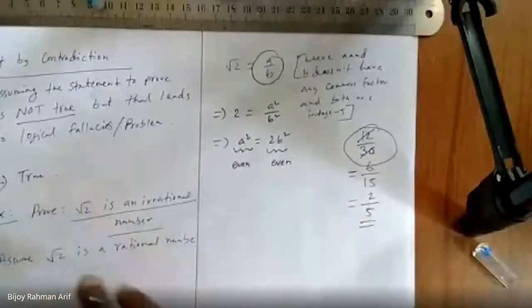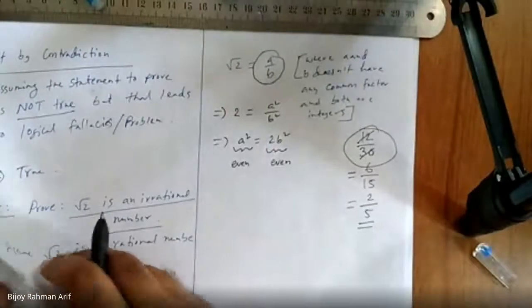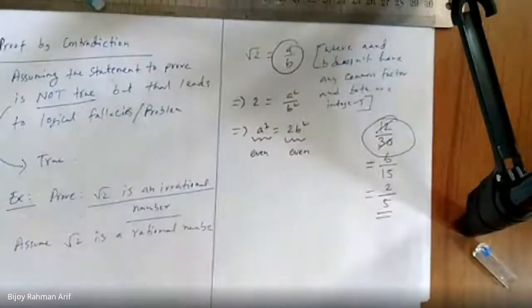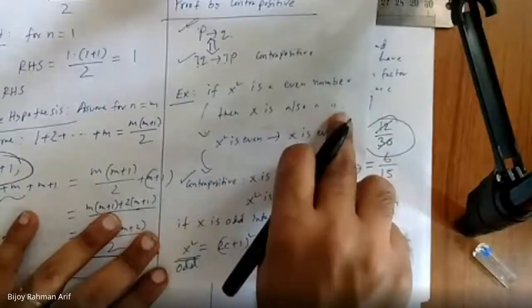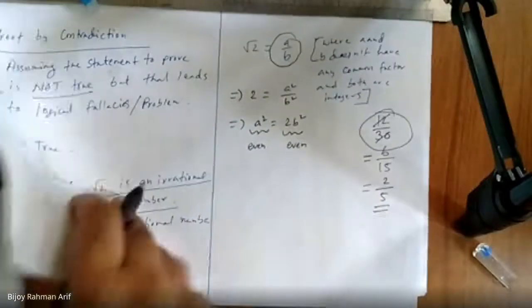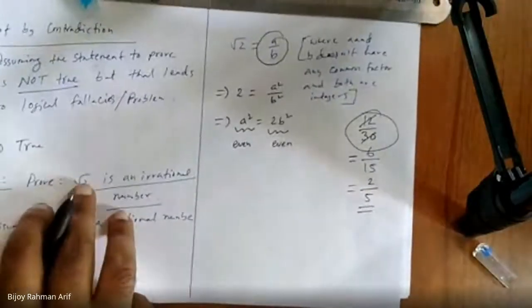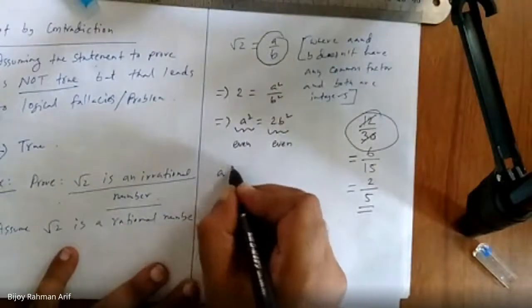From the previous theorem, what do we get? If x squared is an even number, then x is also an even number. Do you get it? So a is an even number.